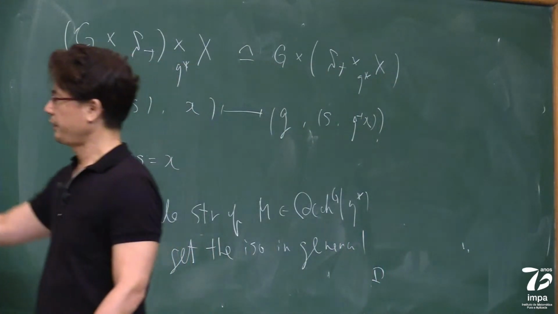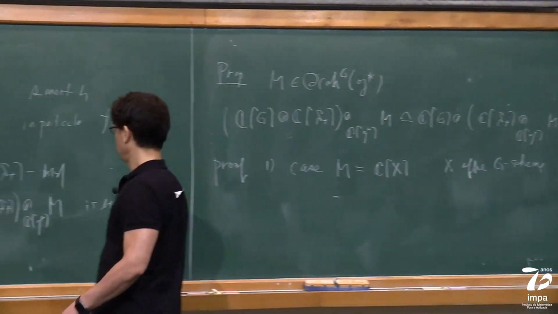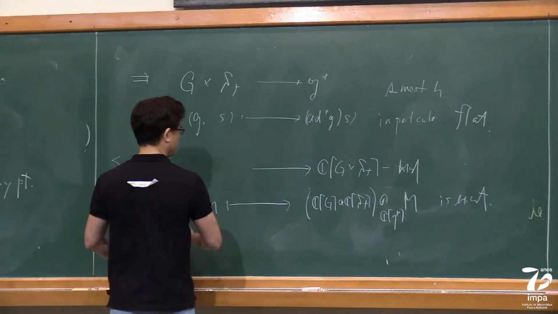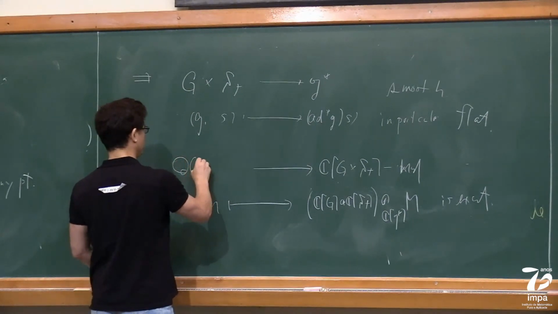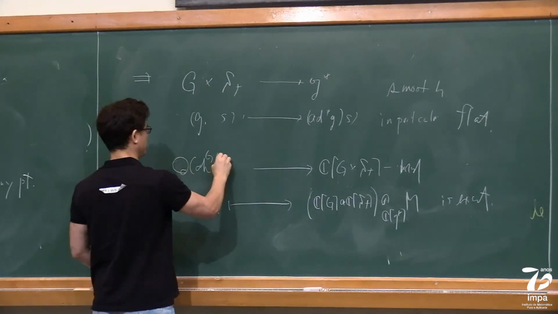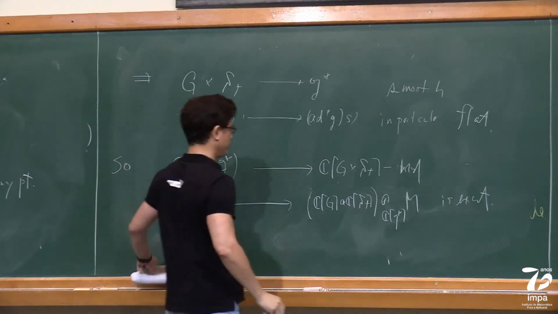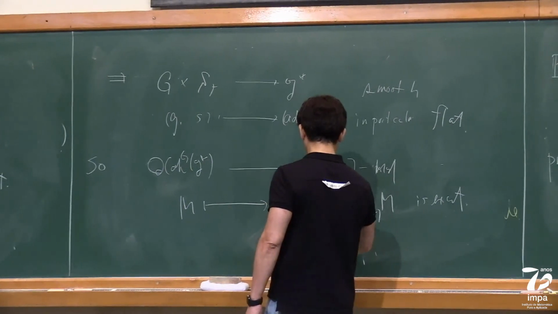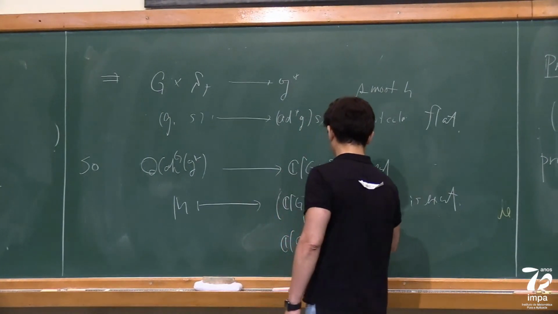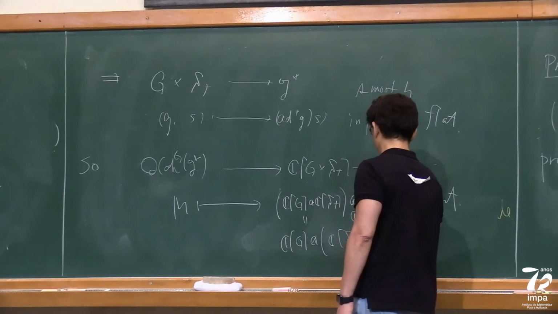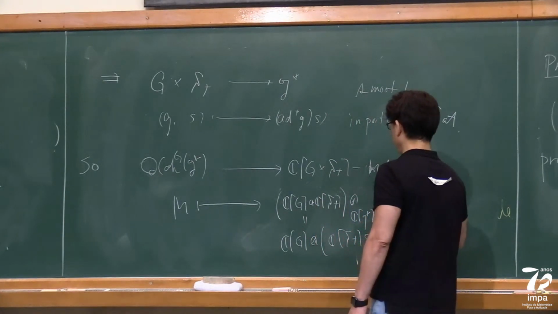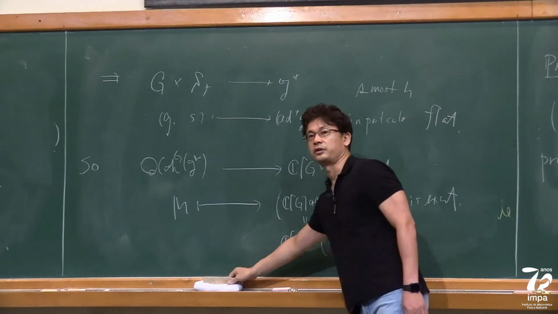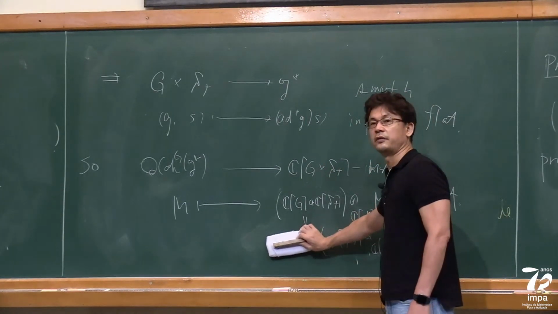So if you look at this formula, when you restrict this functor to G-equivariant quasi-coherent sheaves, this is the same as CG tensor CSF tensor CG star M. So exactness of this is equivalent to the exactness of the functor without this one.